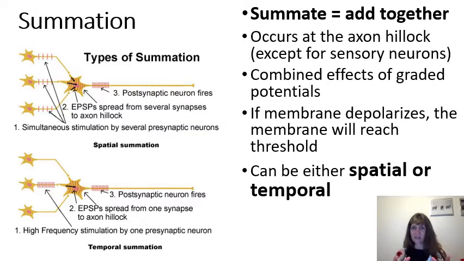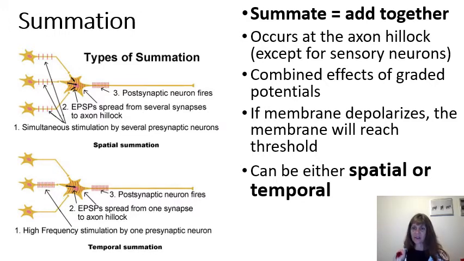All of these signals are going to be added together at the axon hillock, except for in sensory neurons. This is where the combined effects of these different graded potentials, whether they are hyperpolarizing or depolarizing, is going to be added together. If the membrane depolarizes to the point where it reaches threshold, we know an action potential will be initiated.